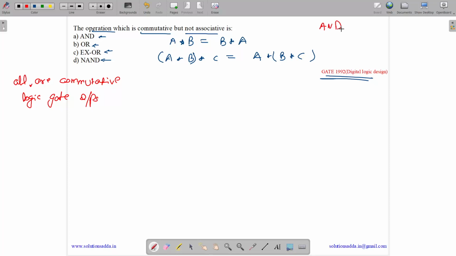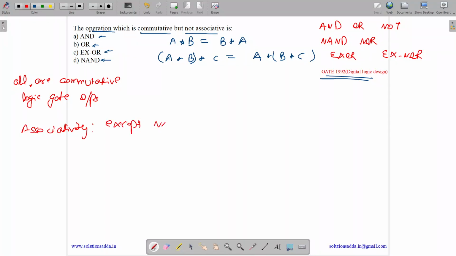We have AND, OR, NOT, then we have NAND, NOR, we have XOR, and we have XNOR. So all of them are commutative. Talking about associativity, all are associative except NAND and NOR. I will prove this.